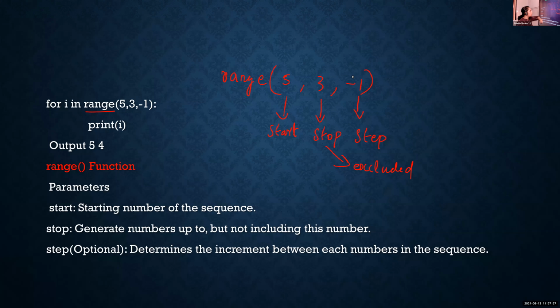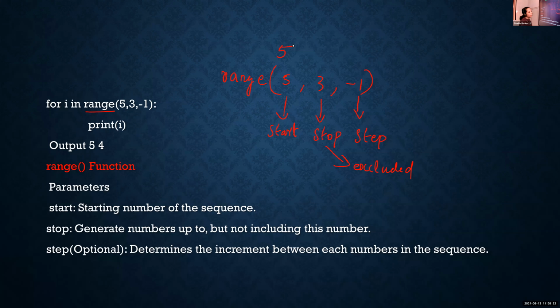So 5 is the start value, 3 is the stop value, -1 is the step value. So range(5, 3, -1): we are starting from 5 because the start value is 5.